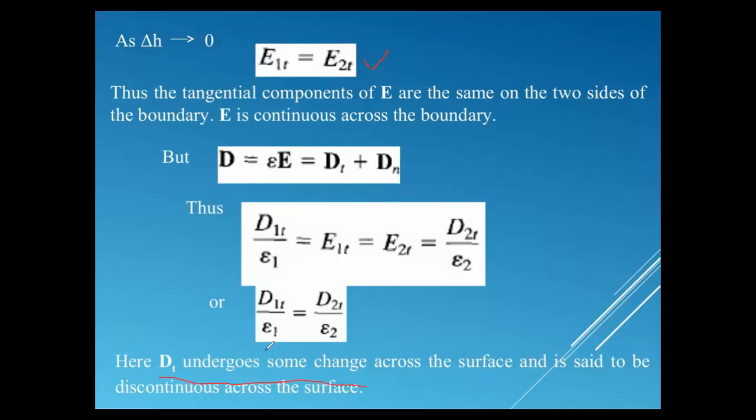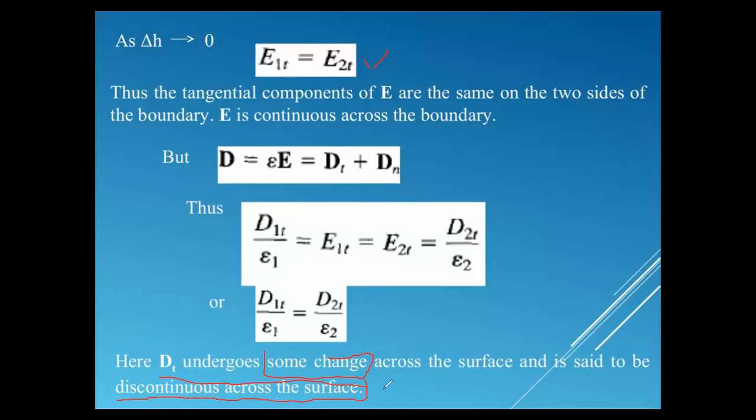And what is that change? It is being divided by epsilon 1 or epsilon 2. So there is some change across the surface, and that is why it is discontinuous across the surface.